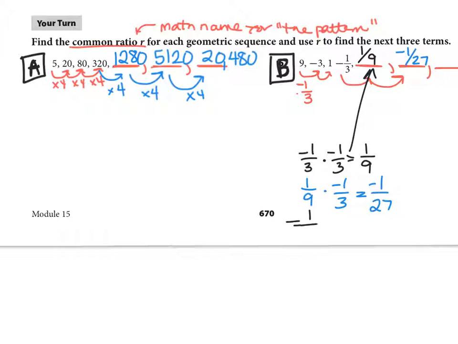So negative 1/27 times negative 1/3 equals, remember I'm doing this negative 1/3 because that's the pattern every time. And this time I'm going to get positive 1/81. So 1/81. All right, you may need to make a note of that one to ask a question about tomorrow if you're confused on the fractions and why I'm using a fraction there instead of multiplying by a number.